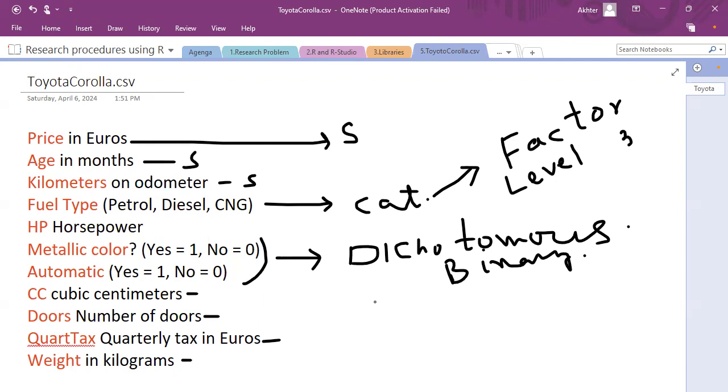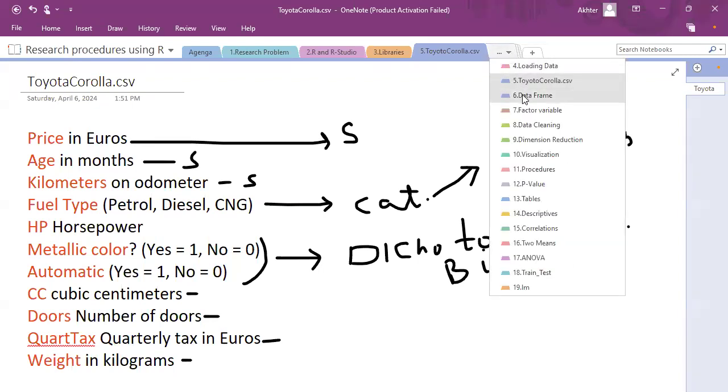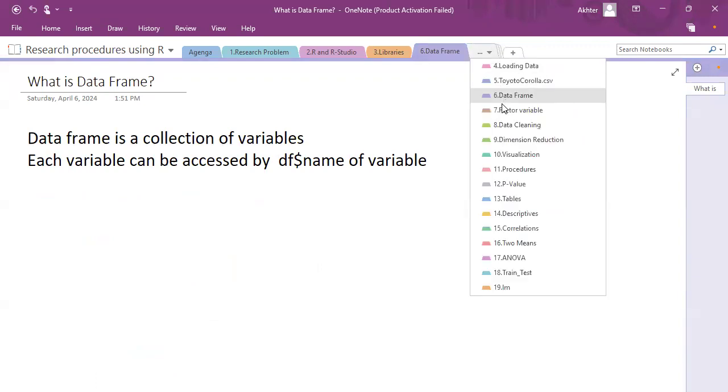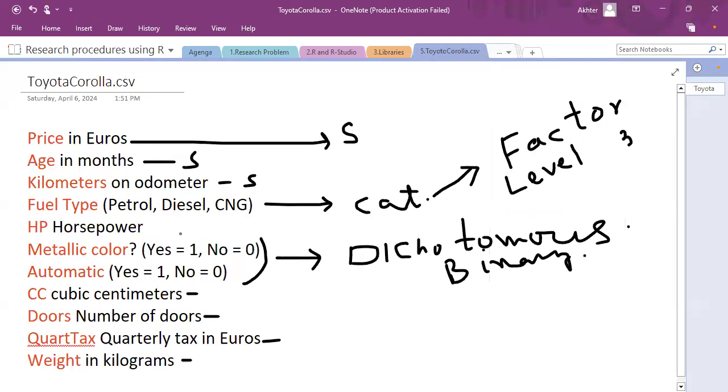In R, every data set is stored in a structure named a data frame. So what is a data frame in R? A data frame is a collection of variables. All of the variables which I introduced in this file are stored in a data frame.